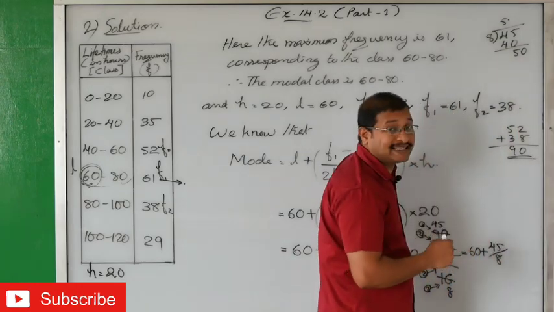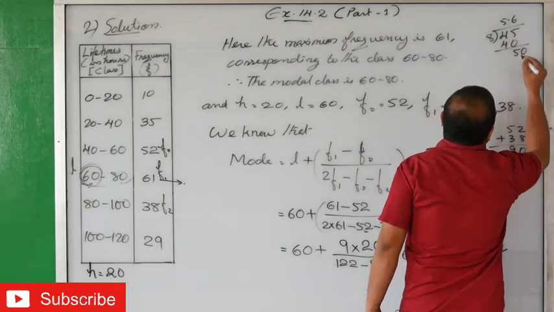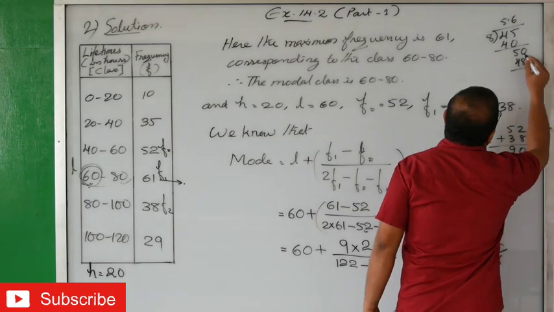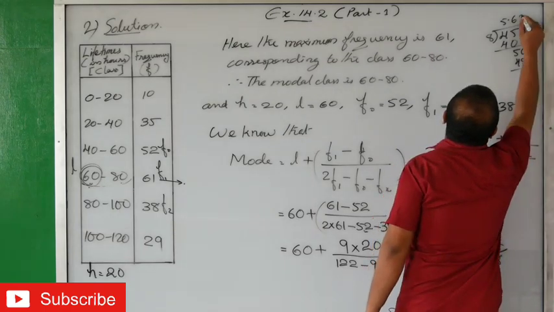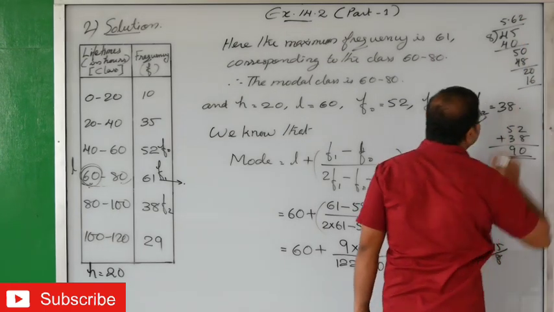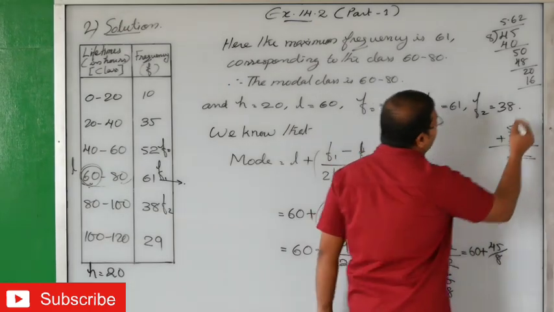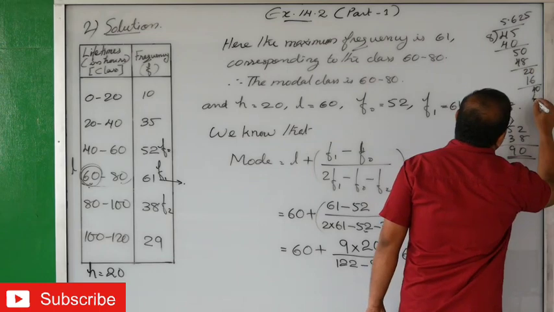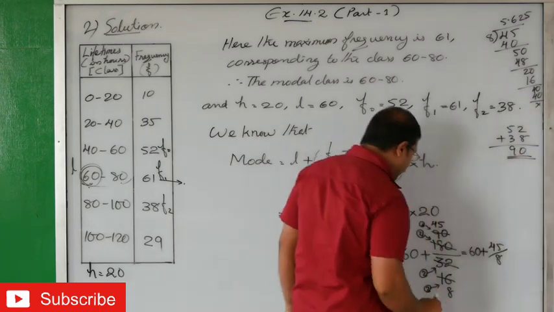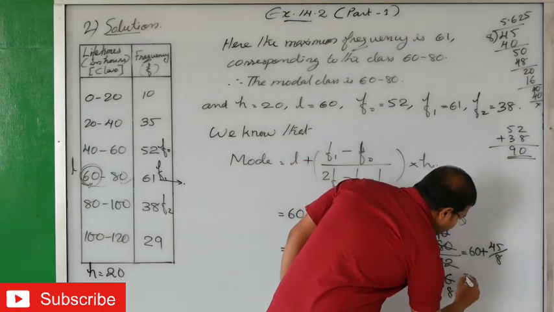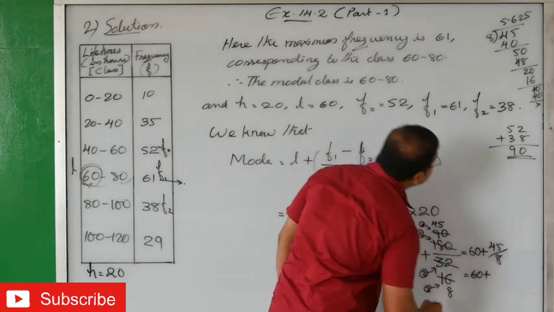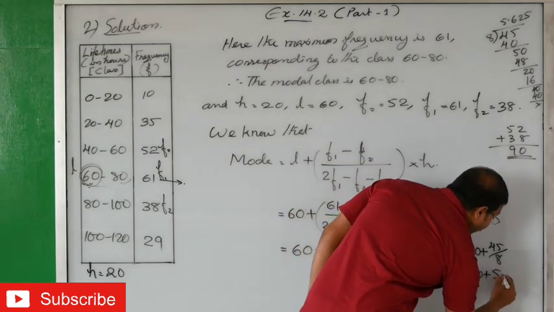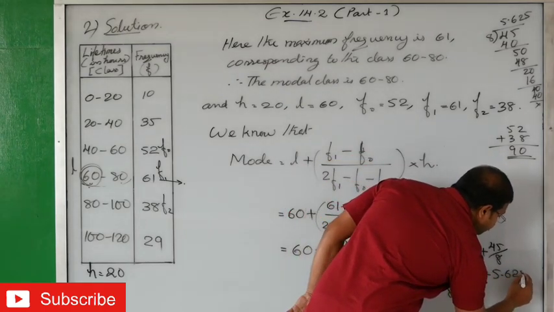Now how many times? 6. 6 8s are 48. Minusing, 20. Now 2 times 16. 8 2s are 16. Now balance is 4. 4 means 40. 8 5s are 40. So we got it now. How much did you get? 60 plus 5.625.